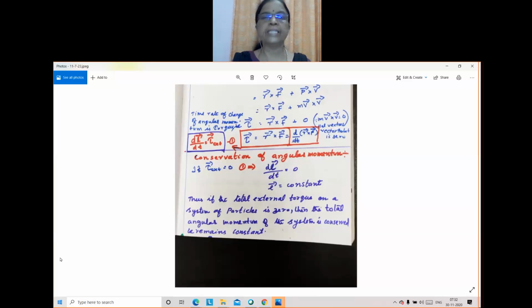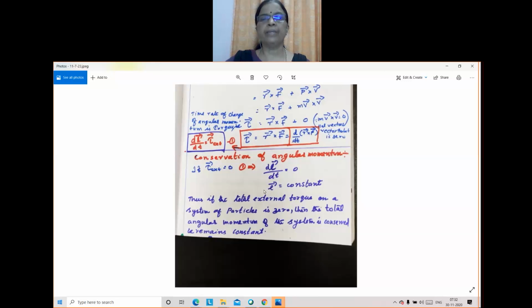So just like that, conservation of angular momentum. Rate of change of angular momentum is torque, that we know. dl by dt equal to external torque. If there is no external torque acting on the system, dl by dt we can write as 0.